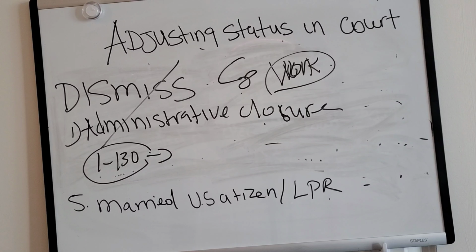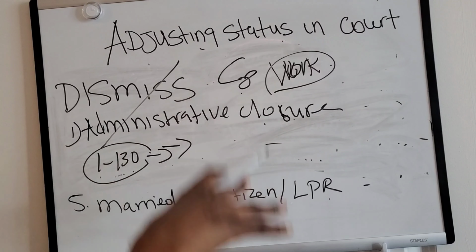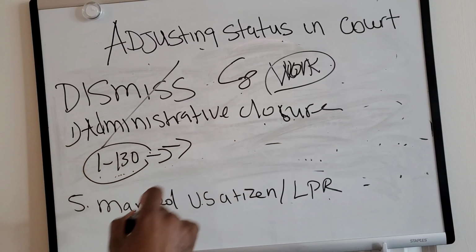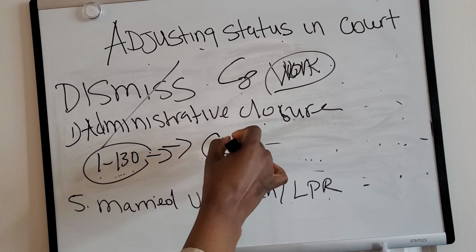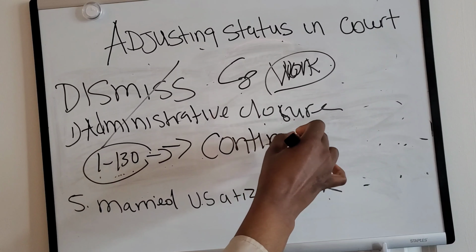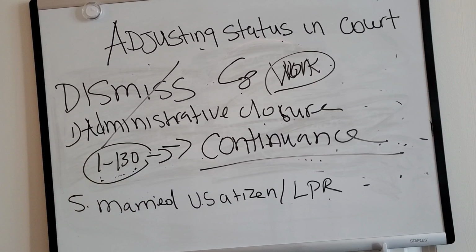But let's say you ask for administrative closure and get denied. What you're going to have to do is ask for continuance, because you put everything in the same motion, right? Administrative closure and, in the alternative, continuance, right? Continuance to wait for the I-130 to be adjudicated if it's not adjudicated, or continuance for another cause, awaiting the spouse in question to become a U.S. citizen.